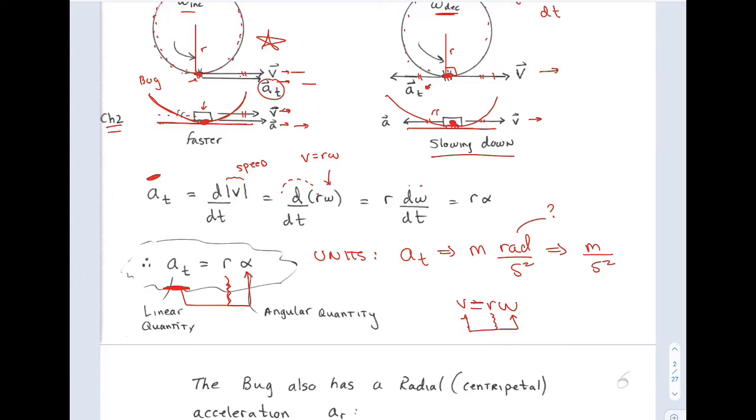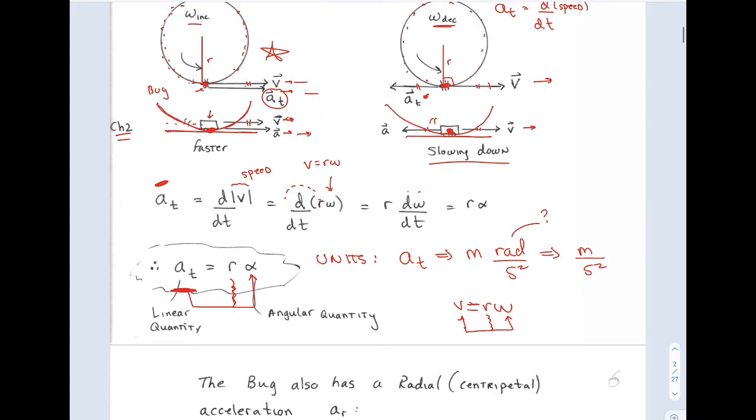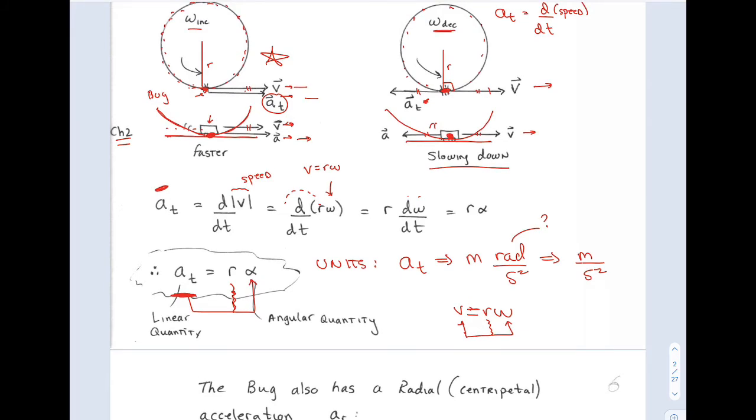So as I go to different points further out from the center of the circle, the farther you're out, the larger that r gets, the larger the tangential acceleration would get.